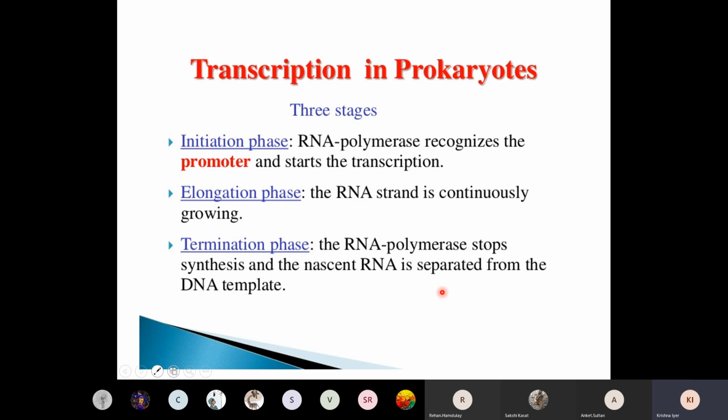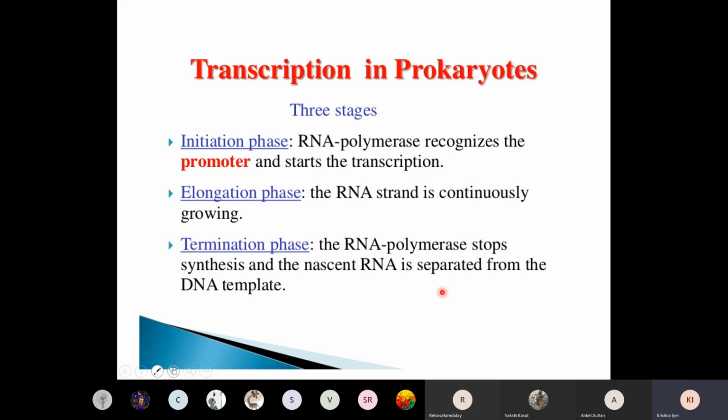Once this is done, as the RNA polymerase moves further along the DNA template, the DNA ahead of it is continuously unwound to give single-stranded DNA, and the RNA polymerase can then read the template and incorporate the corresponding RNA nucleotide, and the RNA strand will be made in the 5' to 3' direction.